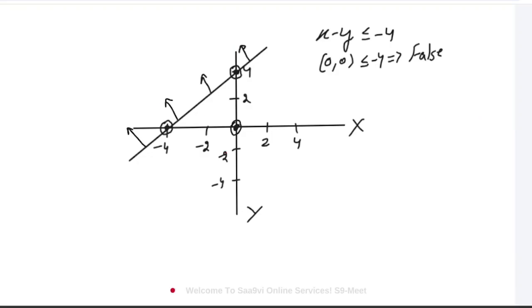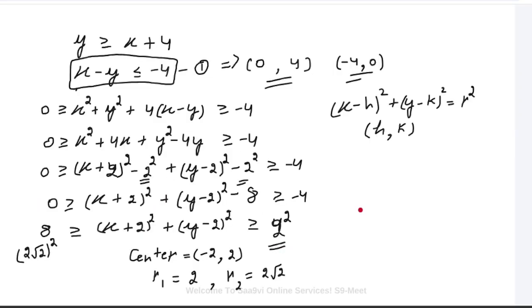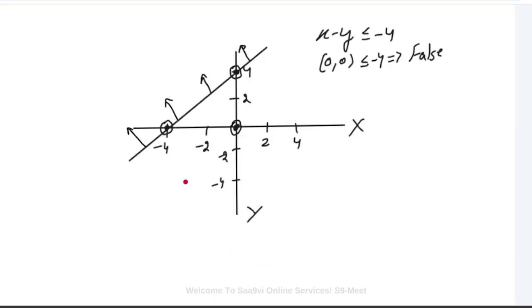Now let's draw the circles. As we said, the center is (-2, 2). So x is -2, y is 2, this is the center of the circle, and it falls on this line. Now let's make the circle.